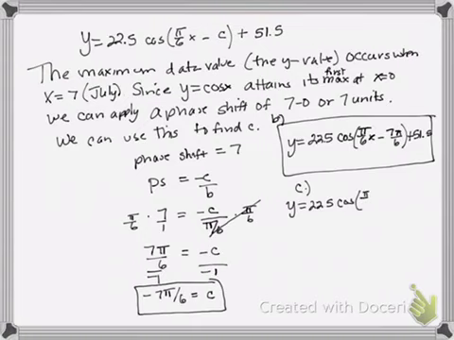So I have pi over 6 times 8 minus 7 pi over 6 plus 51.5. You're going to get a temperature in August, or the 8th month, of about 71 degrees Fahrenheit. And that is going to be your answer for C.